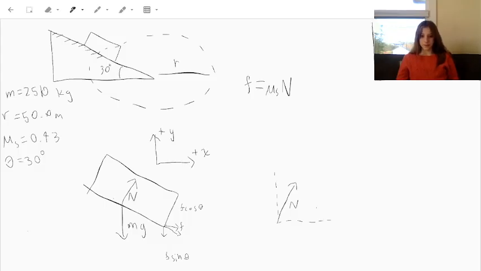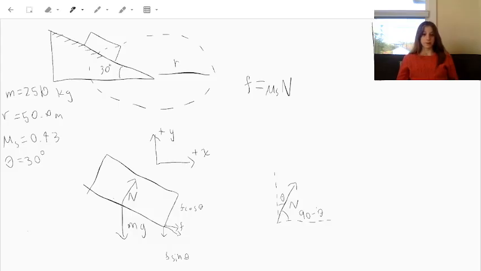So we can see that this one here is our theta. And this one here is going to be our theta, or our 90 is going to be 90 minus theta, because this is a 90-degree angle, and you have theta here, so 90 minus theta is going to be this angle.